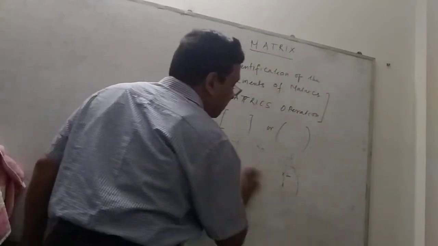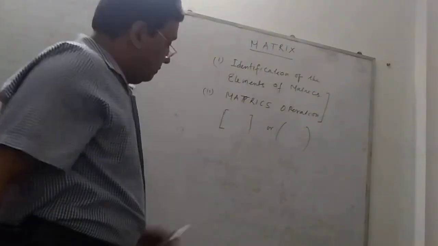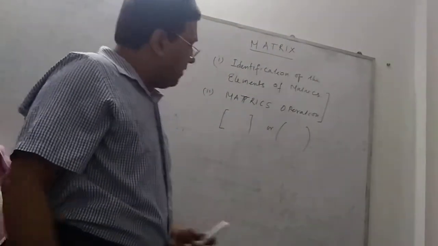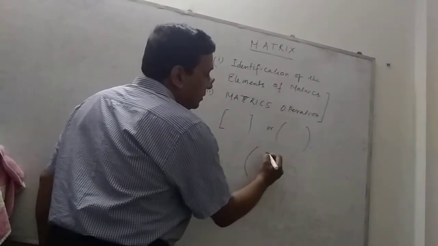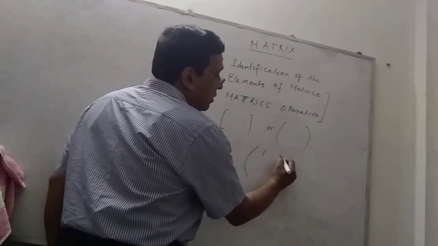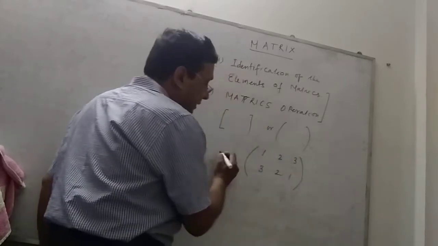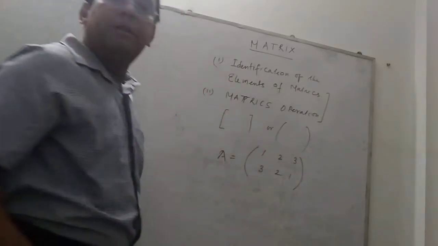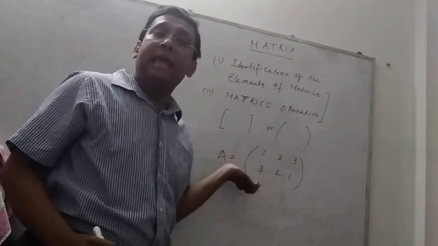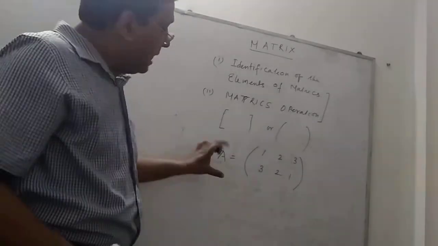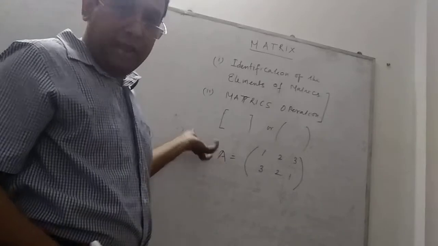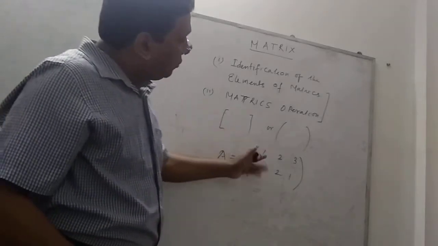We'll give you some problems and we can understand what the elements are over here. For example, if I take an example, first bracket 1, 2, 3, 3, 2, 1. This is a matrix, say matrix A. Generally we define matrix names in English capital letters A, B, C. Now 1, 2, 3, 3, 2, 1.